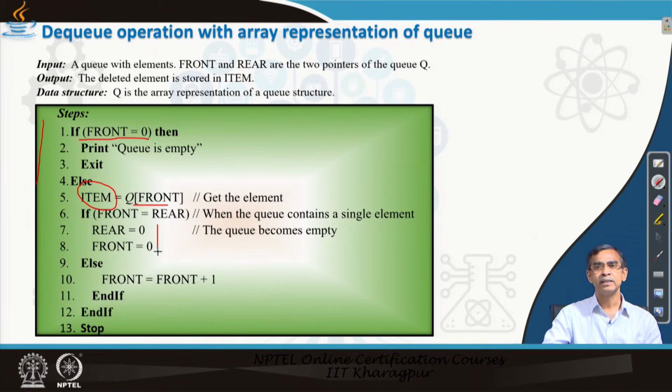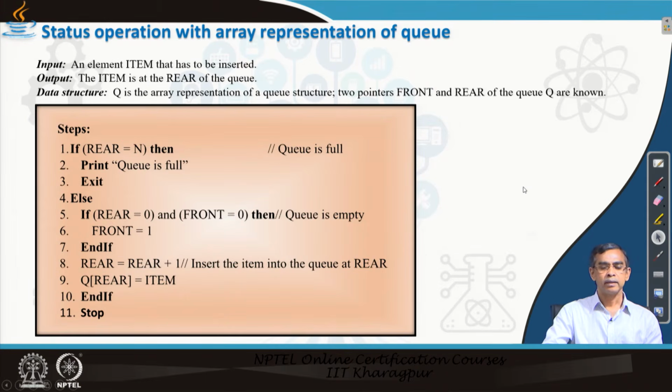You can consider the situation of a queue in front of a counter, it is like that. Otherwise, front is increased by 1, so front goes on incrementing, and this is the end of it. So, this is how the dequeue operation takes place. And these are the operations with an array.